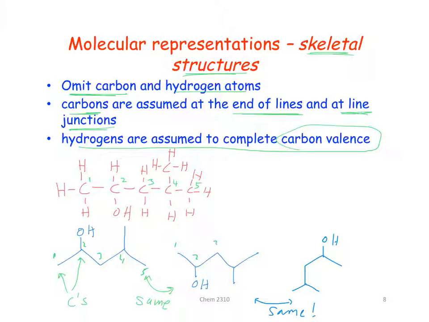Here we got the same thing, 1, 2, OH, 3, 4, there's a carbon attached, 5. So how would we number the one on the right to make that fit the pattern? If we start numbering over here, we got 1, 2, then we have the OH there, 3, 4, 5. Again, we have a carbon at the 4 position.